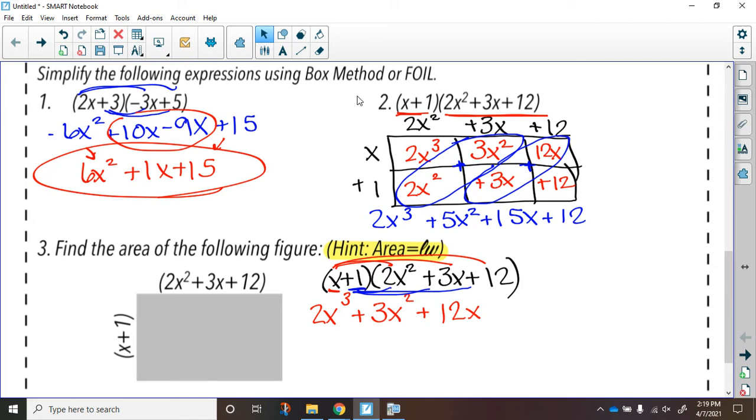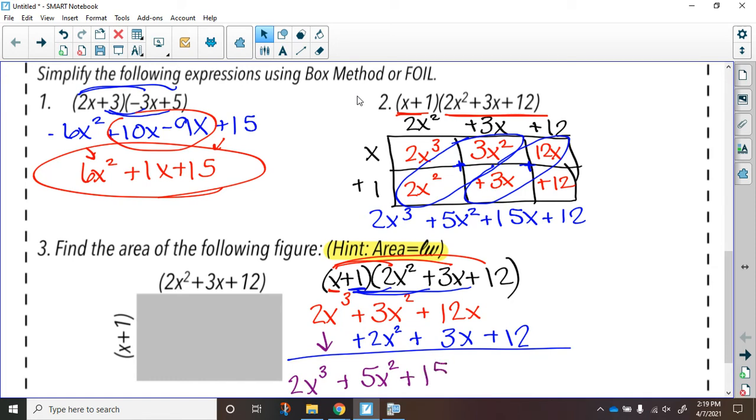And what I like to do is kind of stack them, that way my variables that are similar line up, and then we add them together. We have 2x cubed plus 5x squared plus 15x plus 12. So as you can see, no matter what way we use, we still wound up with the same answer.